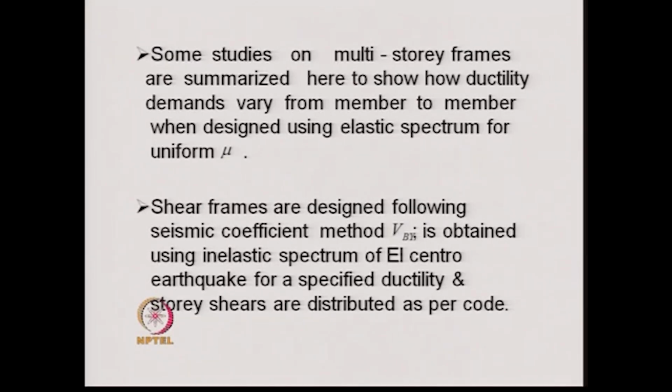This will not be an elastic spectrum, it will be an inelastic spectrum. So, using an inelastic response spectrum for a given value of mu, to find the yield strength and analyze the building, how do the results vary from those of the single degree of freedom analysis?